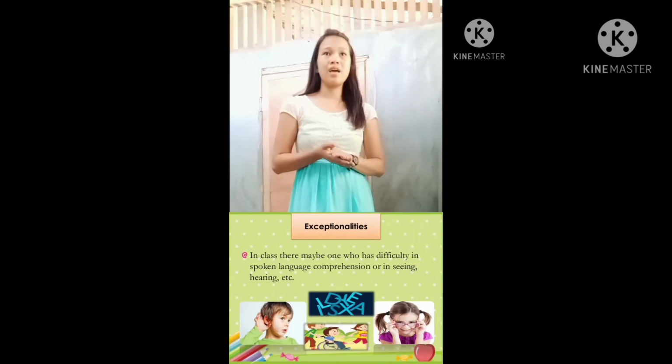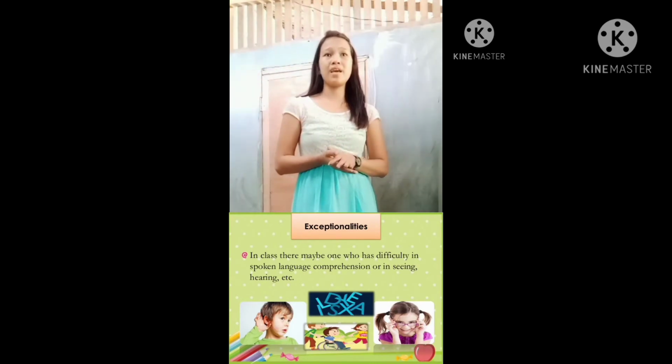And the last factor is exceptionalities. This factor refers to learners who are different in some way from the normal or average. Exceptional learners include those with special needs related to cognitive ability, behavior, emotional disturbance, and giftedness.